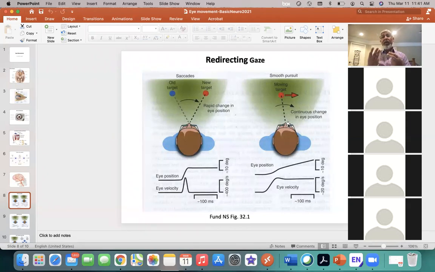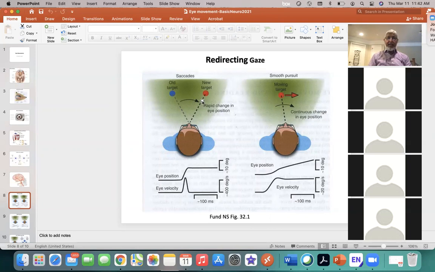And these three things together are not called accommodation. Accommodation is one part of the three-part thing. They are called the near response. Okay, so accommodation, near response, light reflex. These are some basic things you need to know and remember.